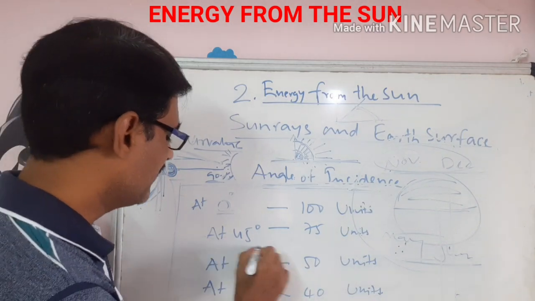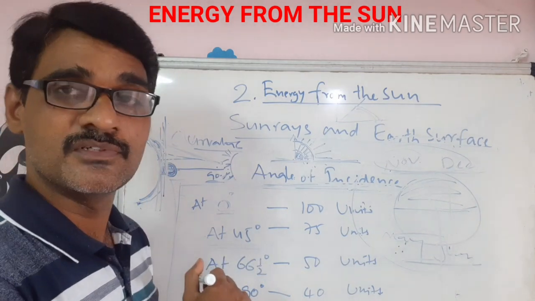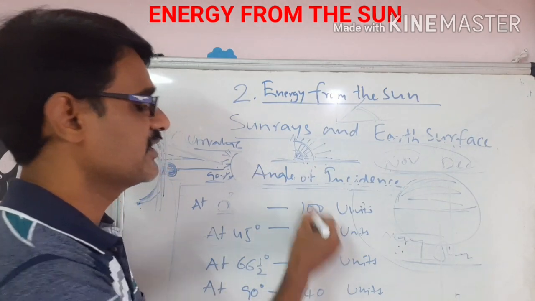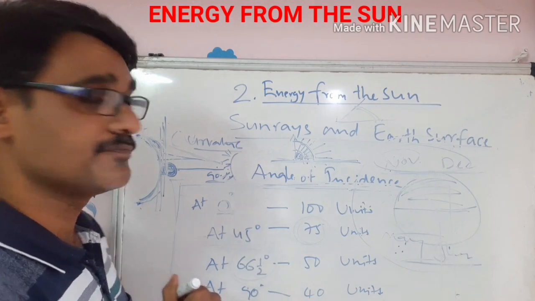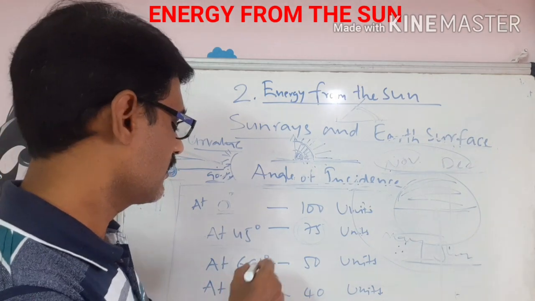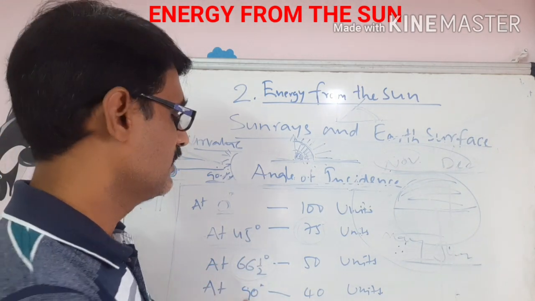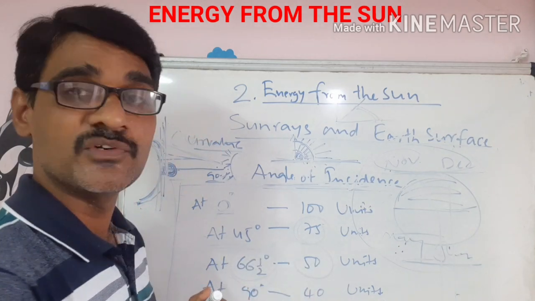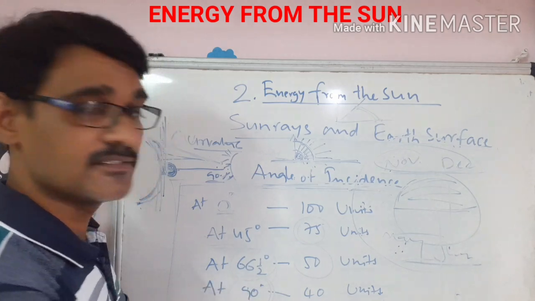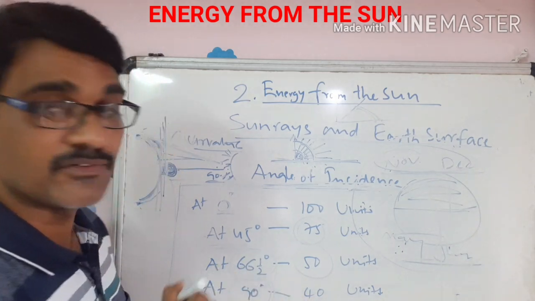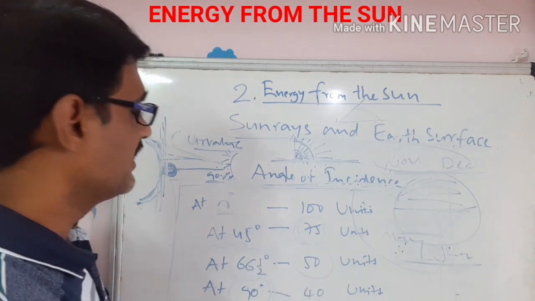Then at 45 degrees latitude, only 75 units are received. At 66.5 degrees latitude, only 50 units are received. And at 90 degrees, only 40 units are received. We can observe the difference between them.